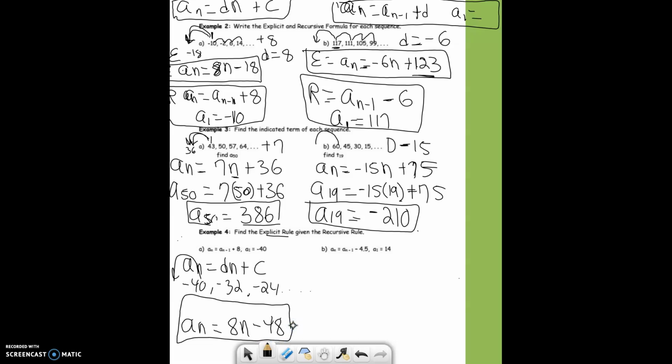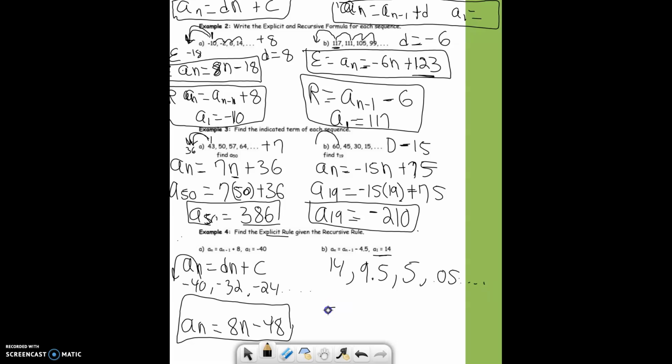Okay? Let's take a look at the next one. So we're starting at 14, because that's my first term. We're going down by 4.5, so that will give me 9.5. We'll keep going down, so minus that would be 5, then minus that would be 0.5, and so on. Then we'll get into negative territory.